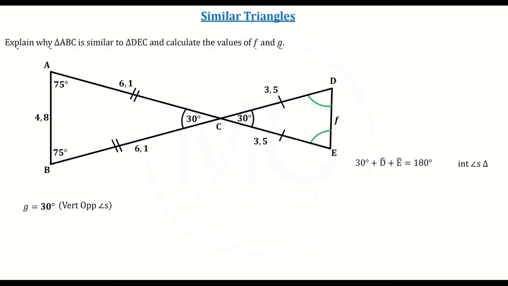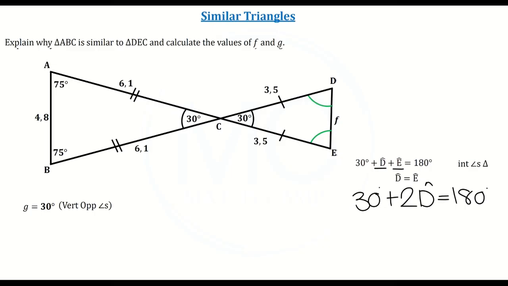We also know that angle D is equal to angle E. So our equation becomes 30 degrees plus angle D plus angle D, which becomes 2 times angle D, is equal to 180 degrees.